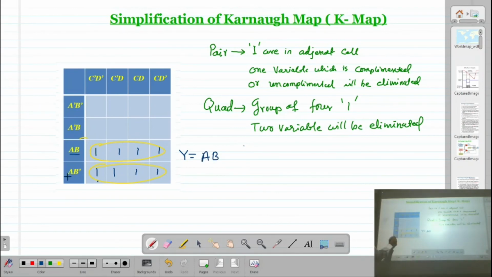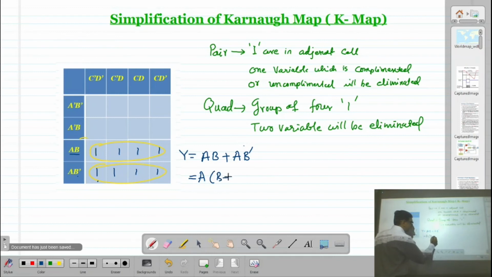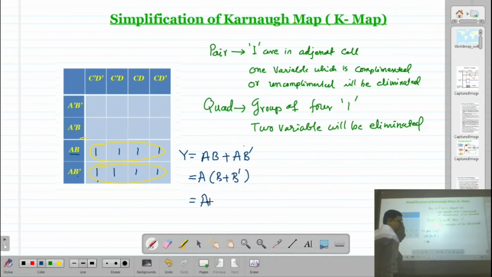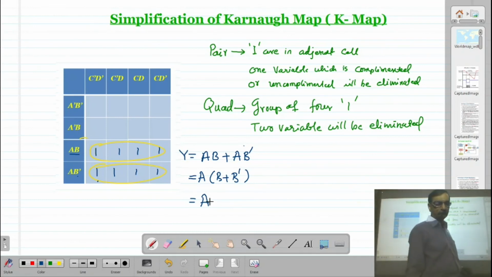And for this square, AB prime will be there. Correct? Because C and D, when you are going from left to right, both variables are changing, so they are eliminated. Now in this expression, we have B plus B prime, and ultimately only one variable is in the final answer.